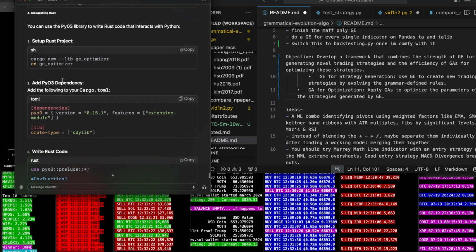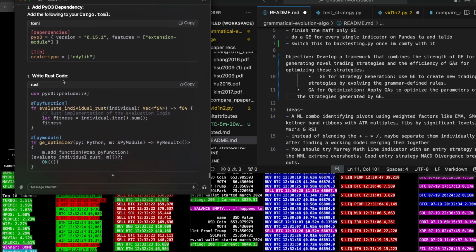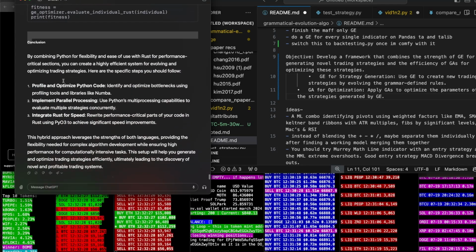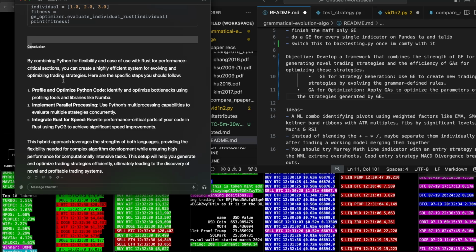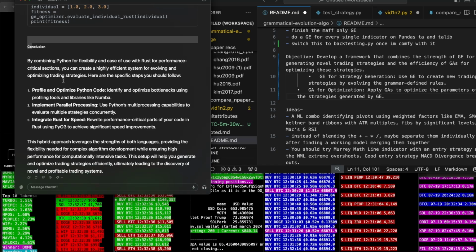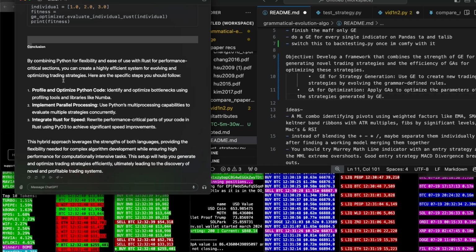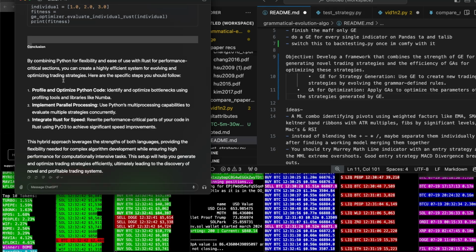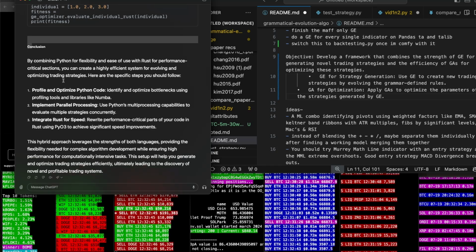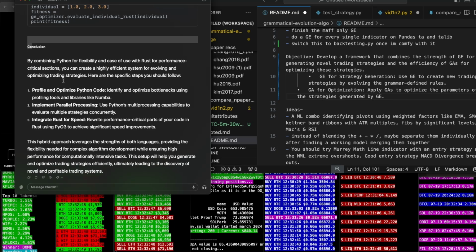Set up a Rust project. Write code in Rust. By combining Python for flexibility and ease of use with Rust for performance-critical sections, you can create a highly efficient system for evolving and optimizing trading strategies. Here are the specific steps you should follow. Profile and optimize Python code: identify and optimize bottlenecks using profiling tools.